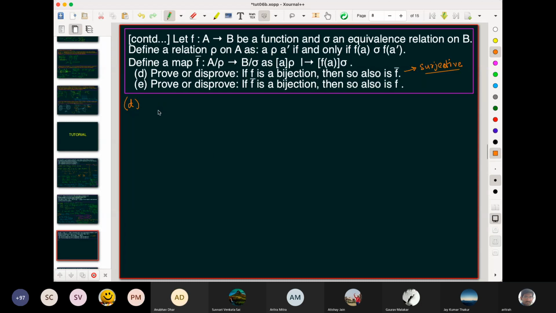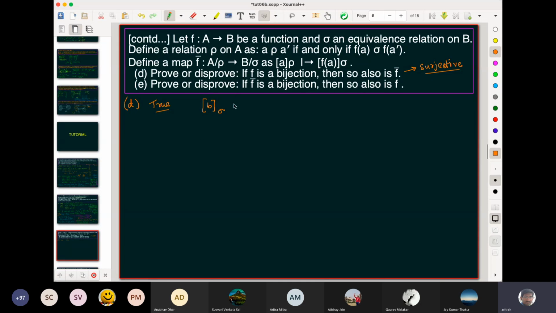Sir, it seems to be true, sir. Okay. So you need to only prove the surjective part. Yes, you are right. So for the surjective part, what do we need to prove? To prove F bar to be surjective, take any class. We are proving F bar surjective, so this codomain is a set of equivalence classes.